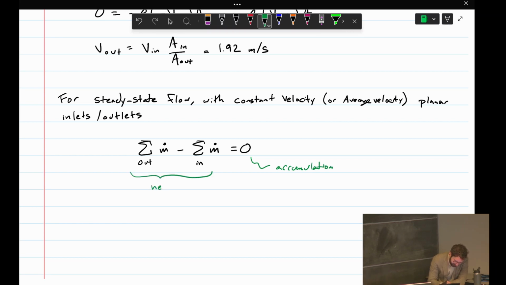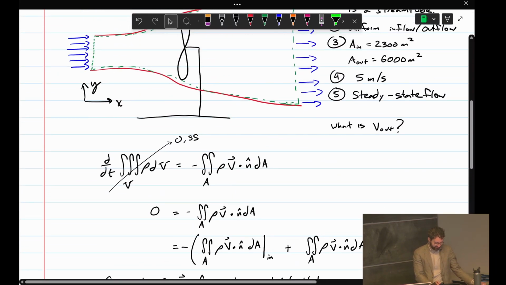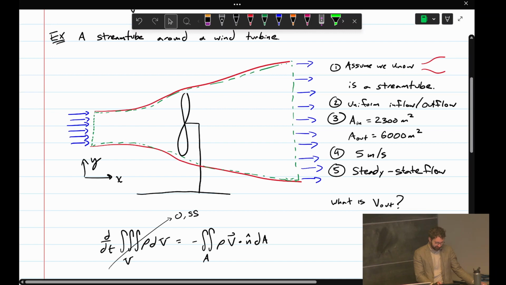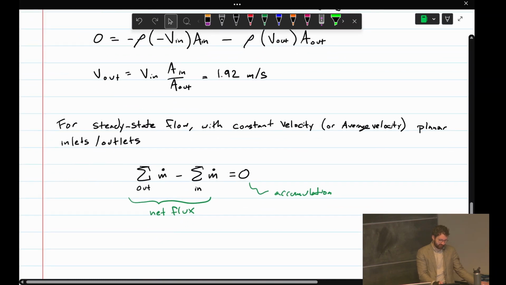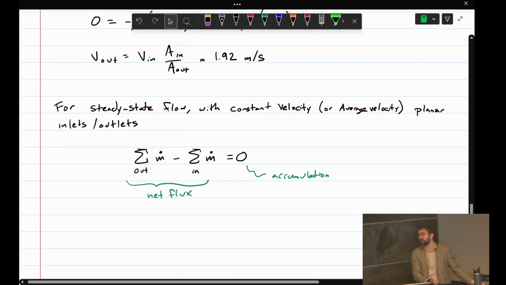And this is the net flux. So if you see in the problem setup, like we have for this problem, that we have constant velocity inlets and outlets that are planar, and it's a steady state problem, you can just go right here to this m dot.